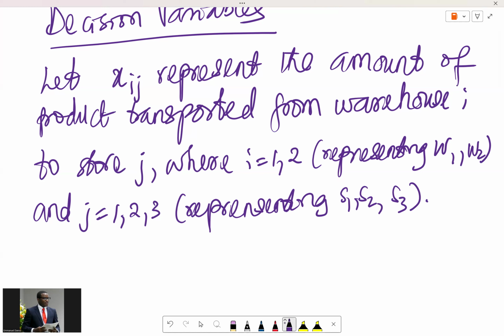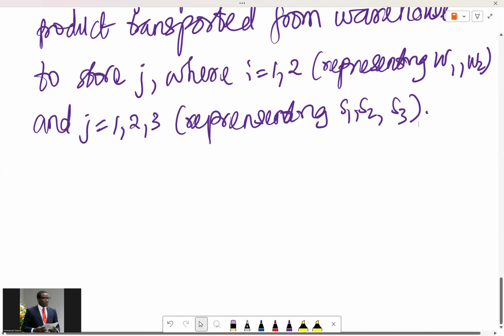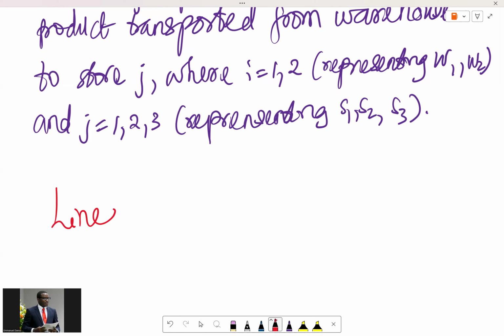Now that we have the decision variables, I'll go straight to the linear programming formulation.